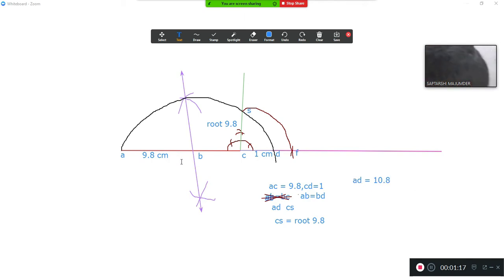The total length of this is 9.8 plus 1, that means 10.8. Now we need to divide this 10.8 centimeter into two halves.